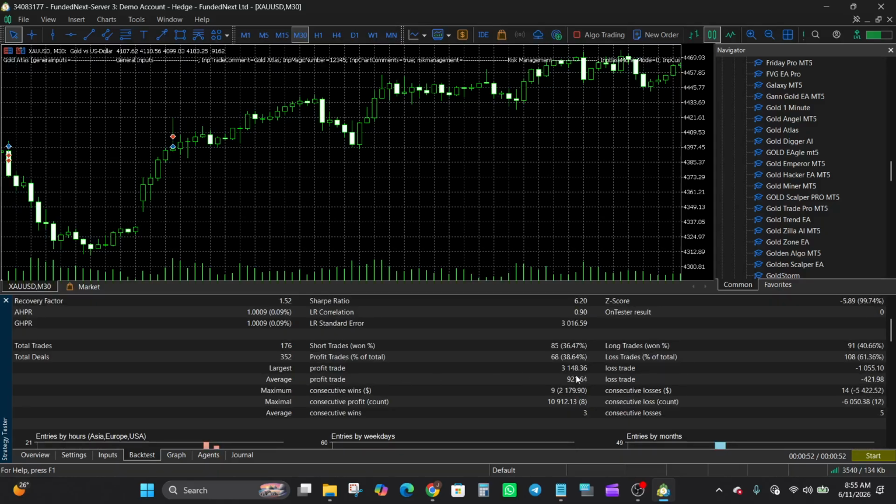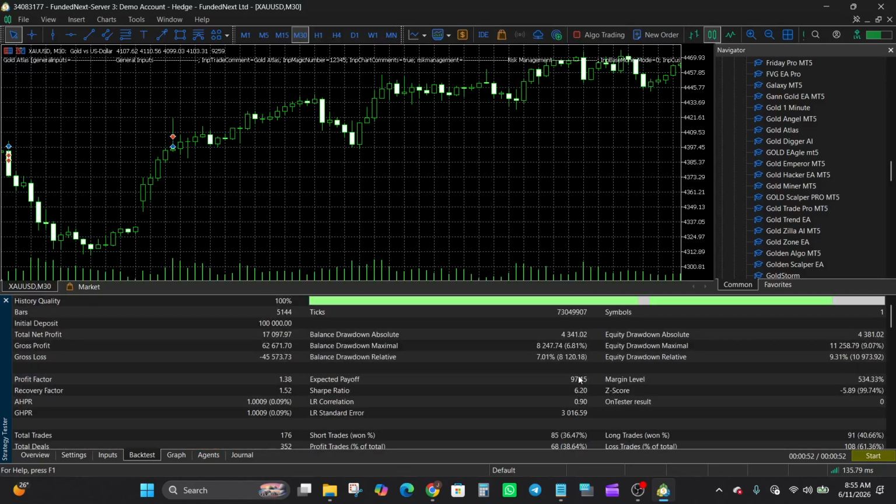Largest profit trade was 3,148.36, largest loss 1,055.1, average profit 921.64, average loss 421.98. So this shows me that the risk to reward ratio is pretty good. At least it's a little above 1:2. So I'm not really surprised to see a total net profit of about 17% over about 5 months plus.